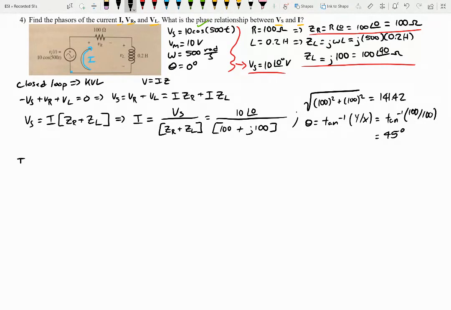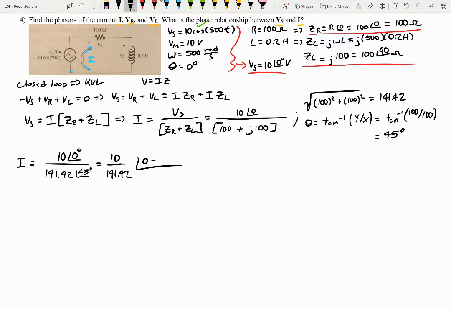So if we continue on down here, we will find that we have 10 at angle 0, V of S. We'll have 141.42 at angle 45. Okay. So let's just go and divide the magnitudes like we do with phasors.